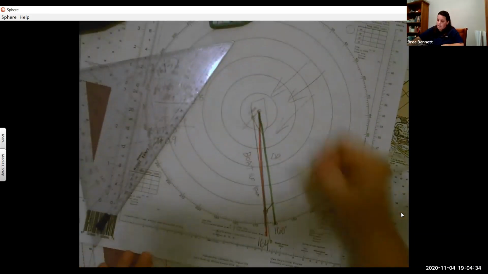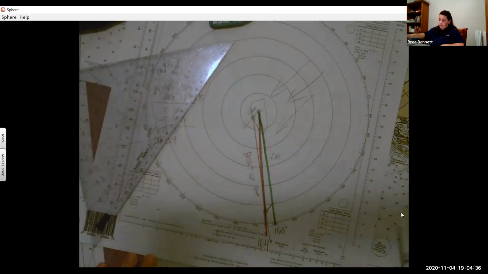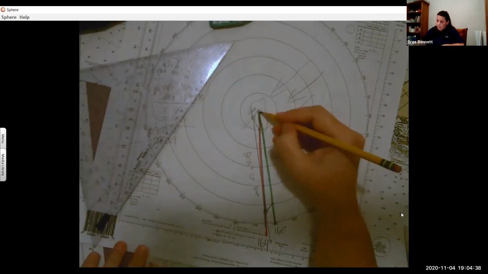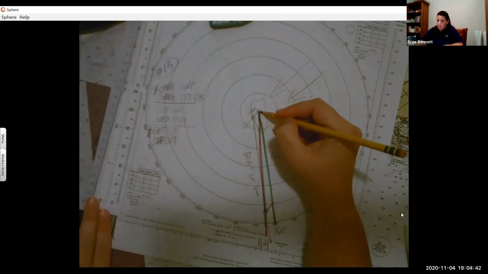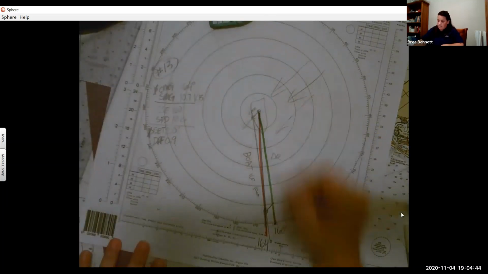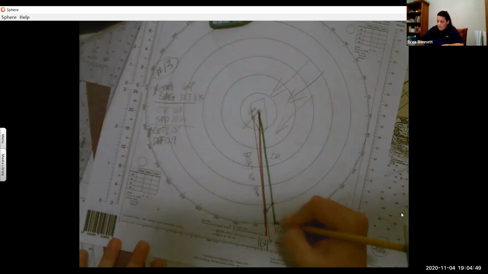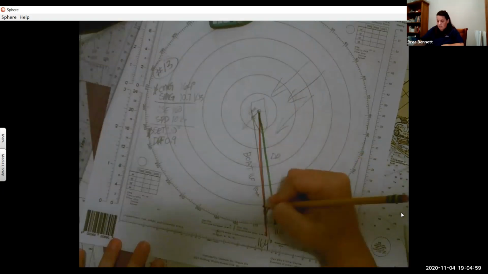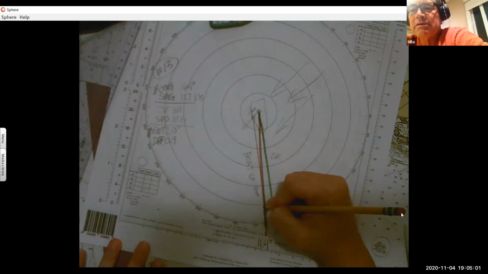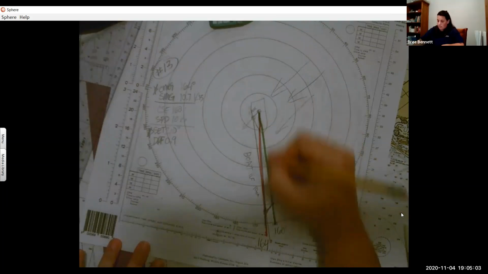Okay, so I've kind of made a parallelogram here. What Fred was talking about is that he drew the 10 nautical miles at 160, and then put the current line at the end of it, and then went back to the center to find what the made good would be. Okay, that makes sense. So here's a triangle.